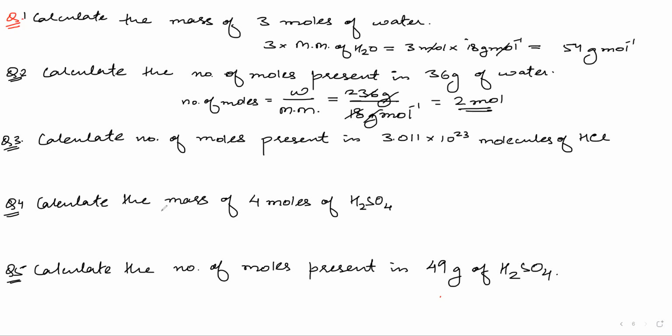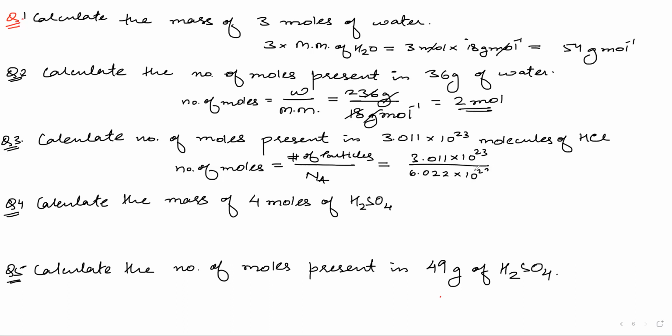Calculate the number of moles present in 3.011 into 10 to the power 23 molecules of H2O. So again, number of moles is equal to the given number of particles divided by Na, that is the Avogadro's number. 3.011 into 10 to the power 23 divided by 6.022 into 10 to the power 23, as in Avogadro's number we have 6.022 into 10 to the power 23 entities present per mole, hence mole inverse.